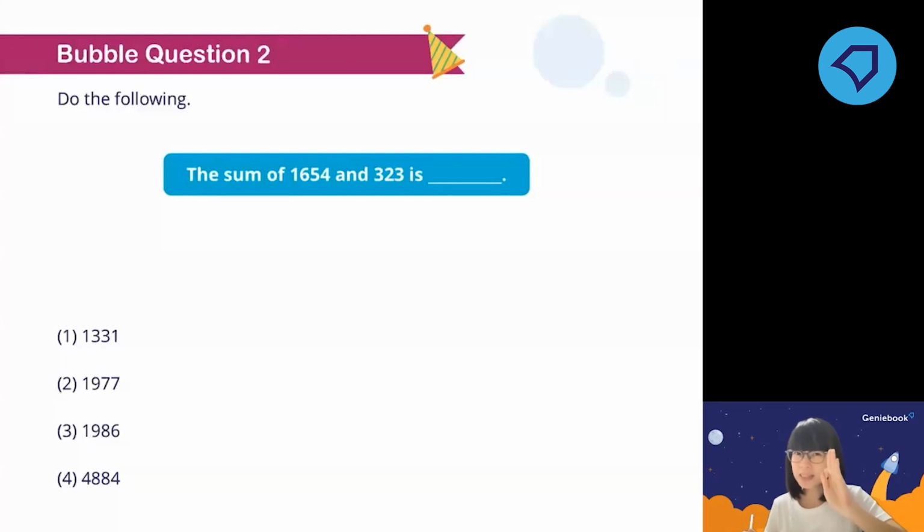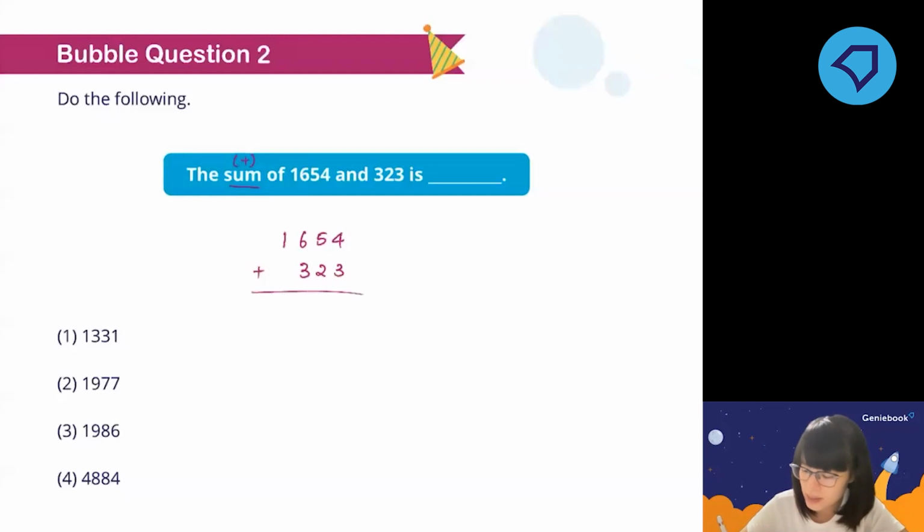So this one is also relatively easy because there's no regrouping needed. Over here, the word sum would mean addition, correct? So we just need to add 1,654 to 323. It's easier because there's no regrouping involved, isn't it?